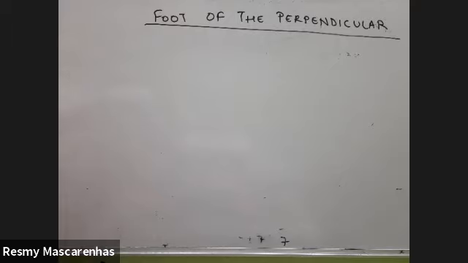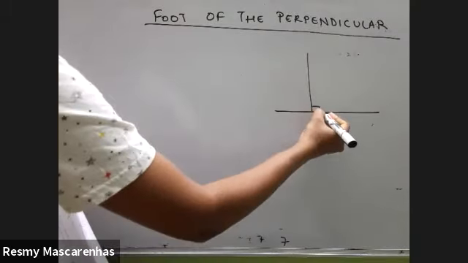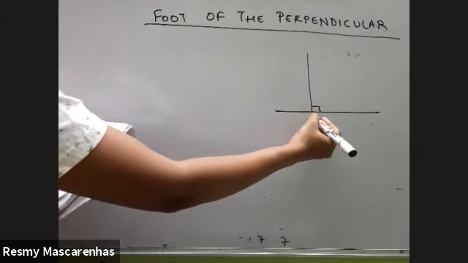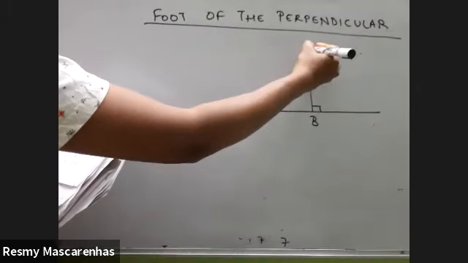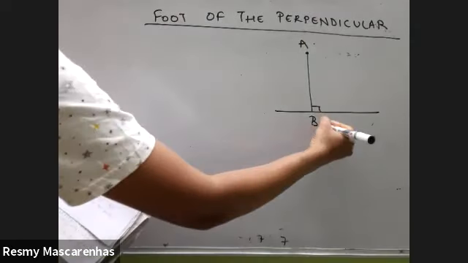Foot of the perpendicular. So whenever two lines are perpendicular to each other, okay, this is always the foot.